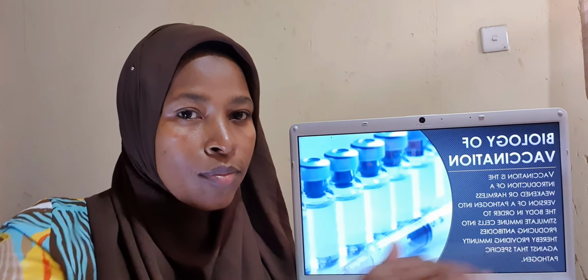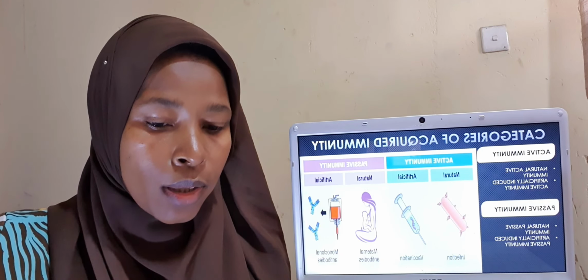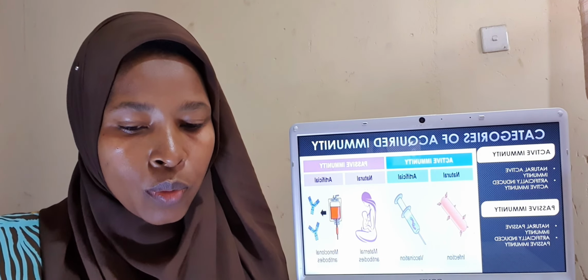The biology of vaccination. Vaccination is the introduction of a weakened or harmless version of a pathogen into the body to stimulate immune cells into producing antibodies, thereby providing immunity to that specific pathogen. Categories of acquired immunity. So, there are two categories.